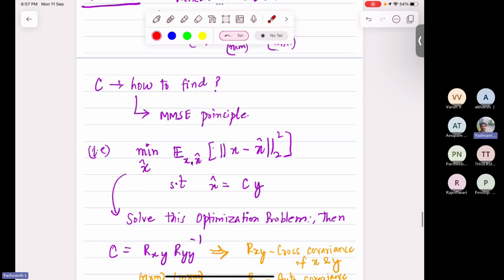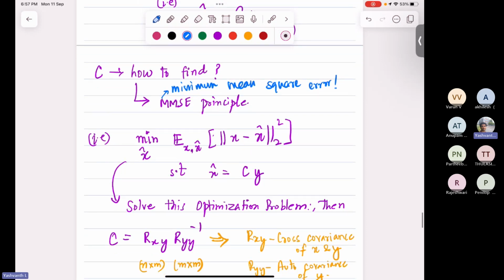MMSE stands for minimum mean square error. What is minimum? The minimum is captured by this particular quantity. What is mean?